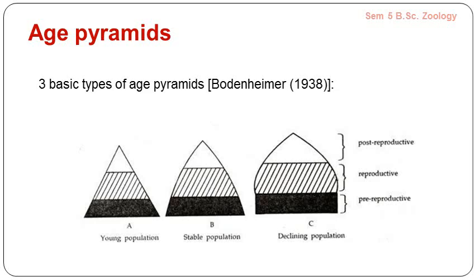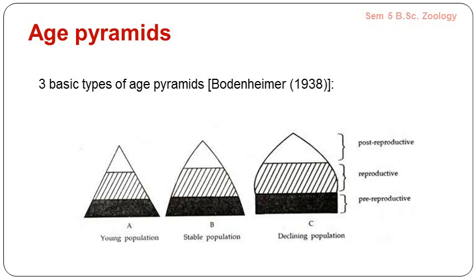Okay, in the second one, you can see the individuals belonging to reproductive and pre-reproductive age groups are almost similar, and here you can see it is almost stable. So the proportion of the three age groups is almost even, so it is a stable population. Okay, so there is no further increase or decrease in the population size.